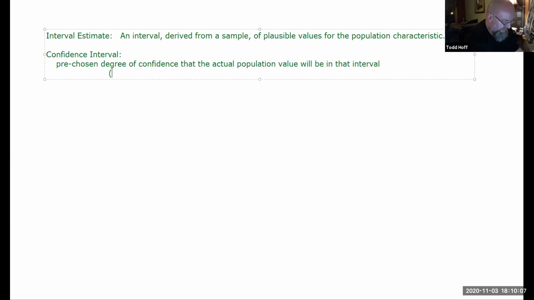This degree of confidence comes, for confidence intervals here, from either a normal distribution or from a t-distribution.